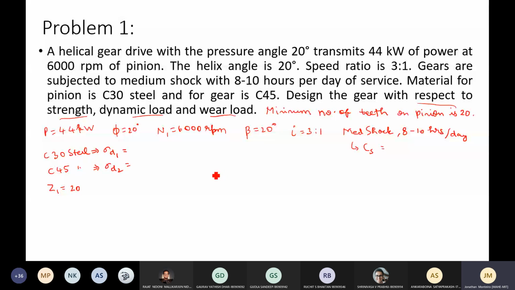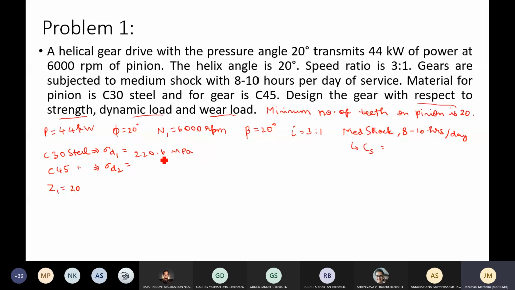Okay, so let us check out the properties of C30 and C45 first. Again 12.7 table number. Since there is only one type of C30, I will use that. Okay, it is 220.6 megapascal.